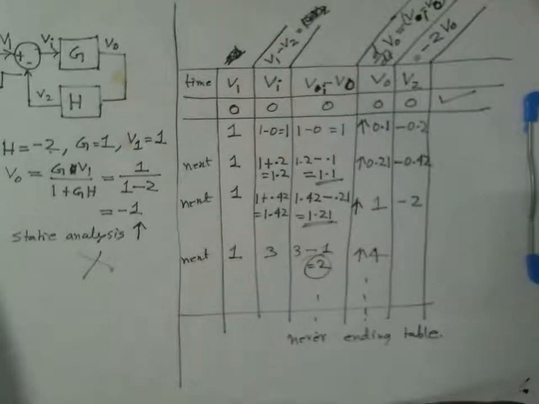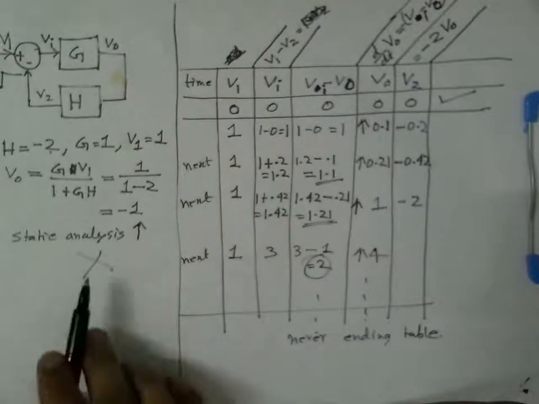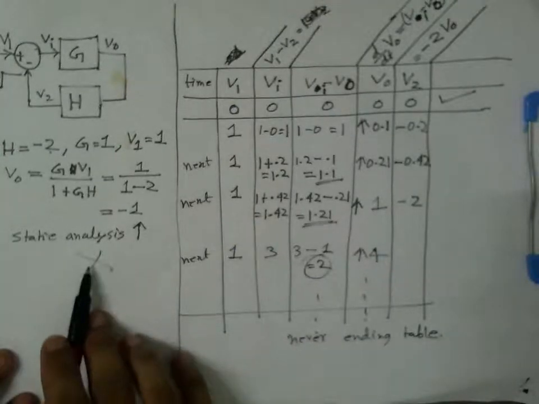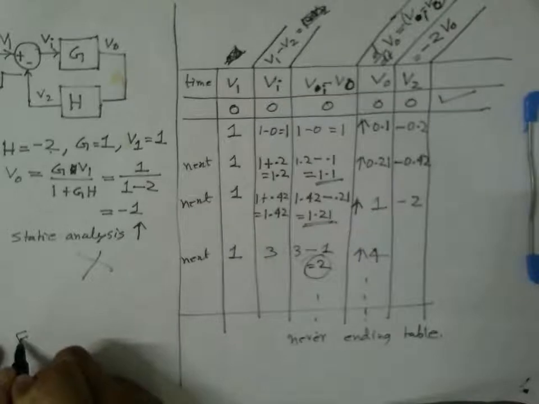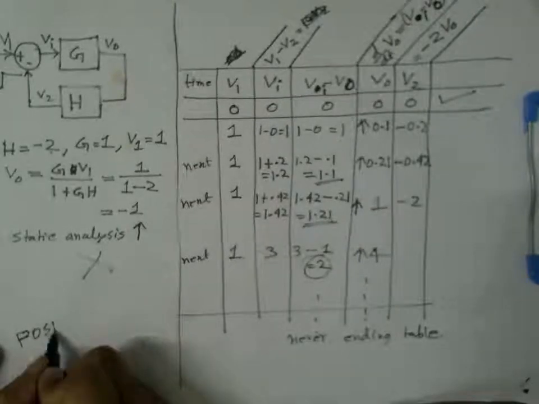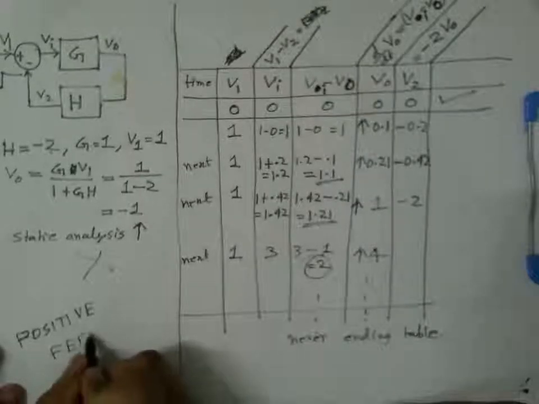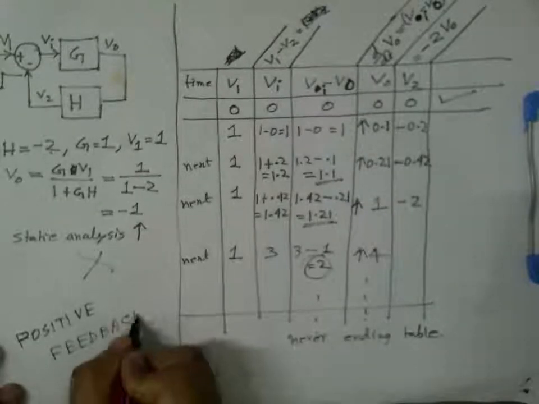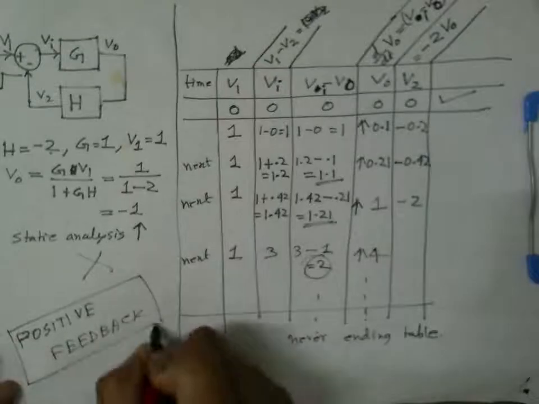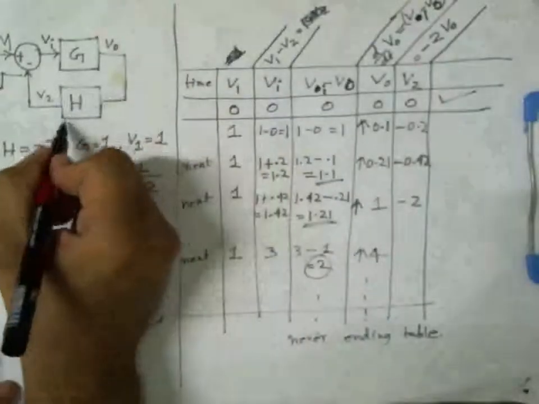Okay, and this situation we shall call a positive feedback situation. Why? Because h is equal to, in this case, -2, right?